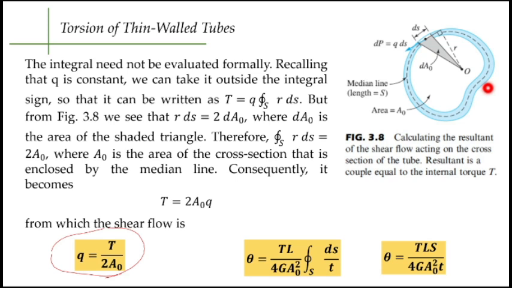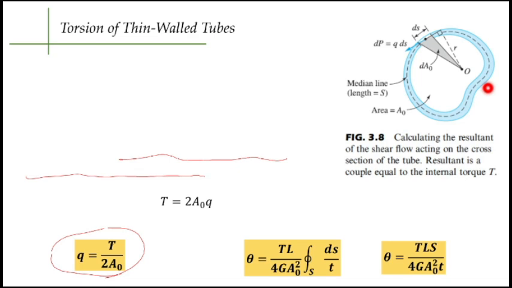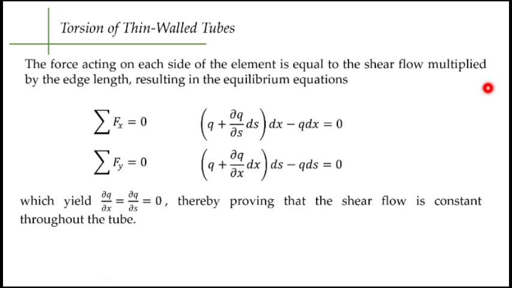Now, what is our area? That is the area of the cross section that is enclosed by the median line, right? Because again, the assumption is shear stress manifests at the median surface, at the middle surface. And the middle surface is outlined by the median line, as provided in this slide.